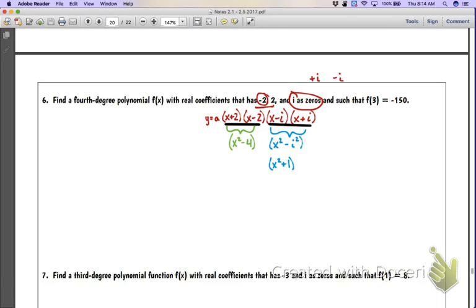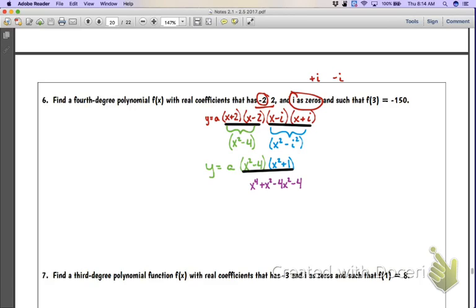times x squared minus 4. Still have the y, still have the a. We'll get to that in a second. Okay. So if I go here, I'm going to go ahead and multiply these two values. So x squared and x squared is going to be x to the 4th plus x squared minus 4x squared minus 4.